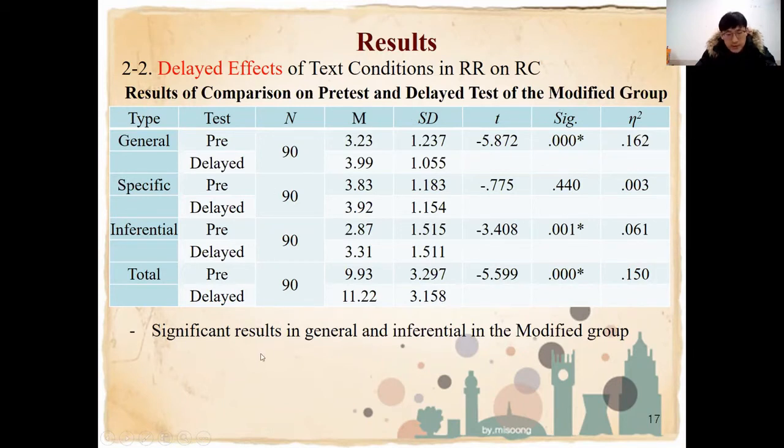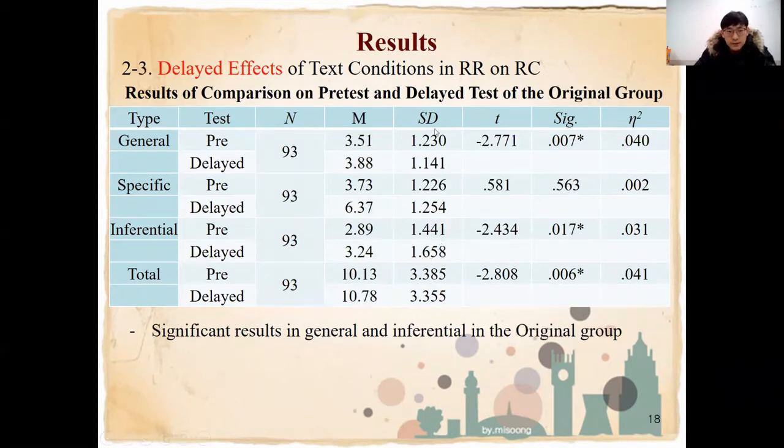So there was a significant enhancement in general and inferential with a large effect size and moderate effect size, respectively. For the original group, there were significant results in general and inferential with small to medium effect size, in both reading types, general and inferential.